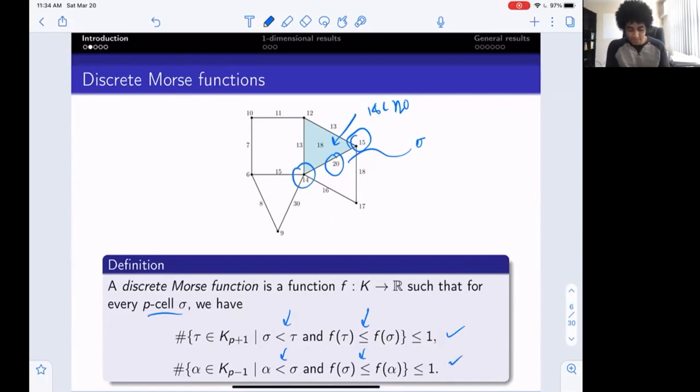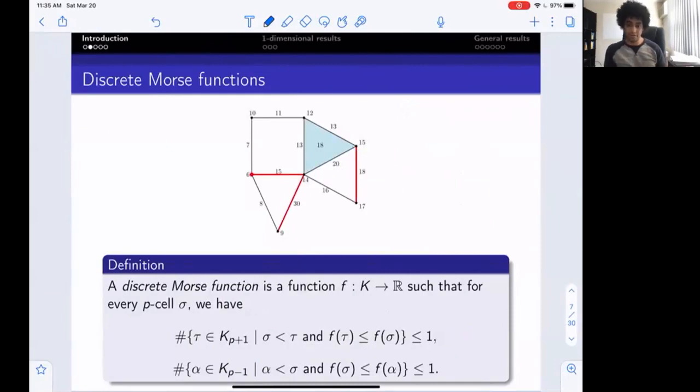Now essentially a discrete Morse function would be where these two conditions are satisfied at every single cell of your simplicial complex. But there are cases where for some of these cells, both of these sets might actually have cardinality 0. And these cells are very special. They're called critical cells.